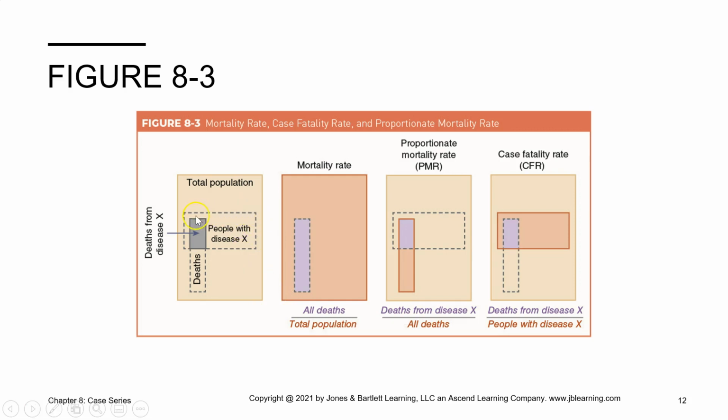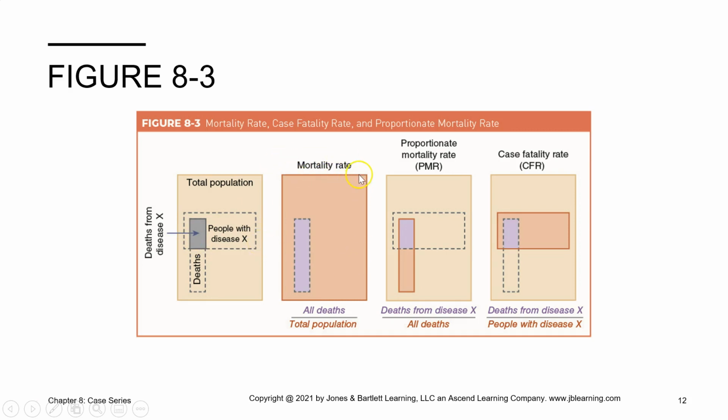The people with the disease, in this box right here, are the Arab Americans who had COVID. This box is all of the deaths, so all of the Arab Americans who died during a specific period of time, regardless of the cause. This gray shade here are the individuals who died during that period who had COVID-19.